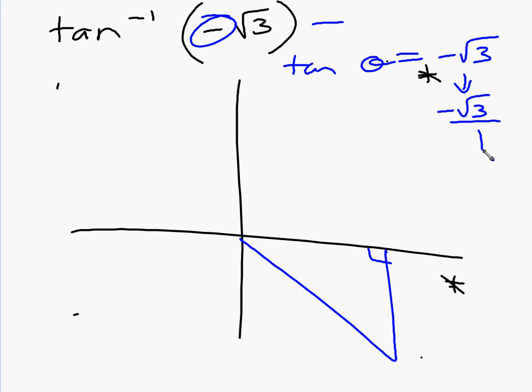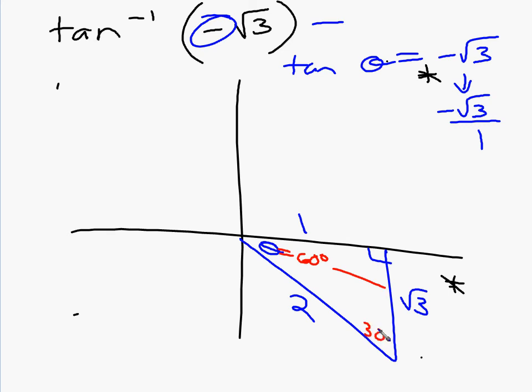So that means that if this is my theta, the opposite side is radical 3, the adjacent side is 1, and this is my 2. And now I just need to label my angles. This has to be the 60-degree angle. The theta has to be 60 because it's opposite the longer side, the longer leg. This has to be 30 down there.